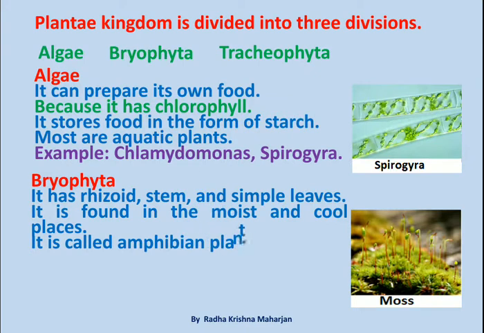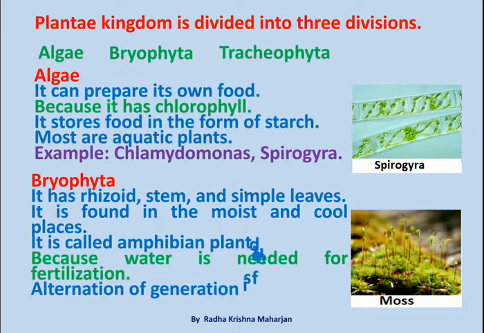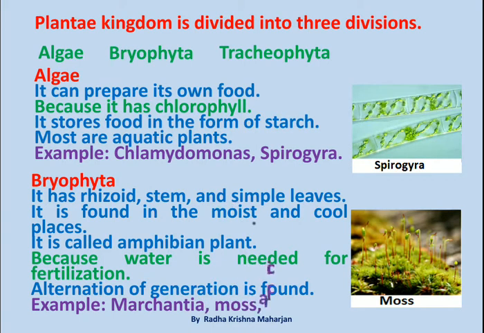It is called amphibian plant because water is needed for fertilization. Alternation of generation is found. Example: Markensia, moss, rixia.